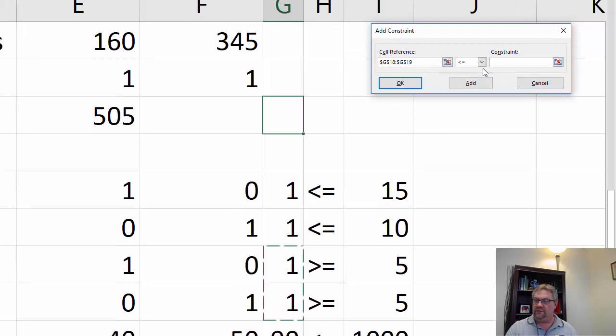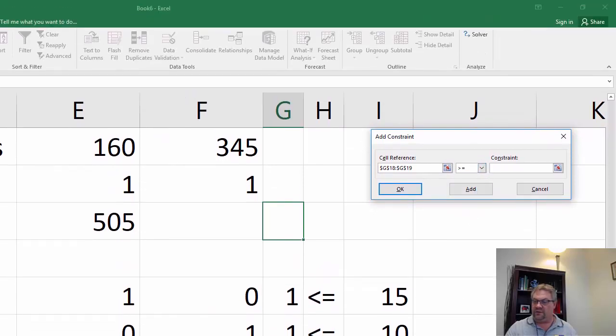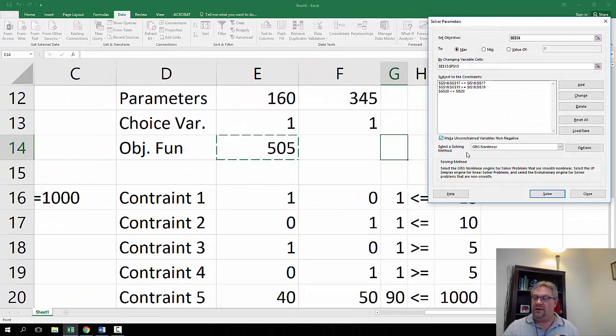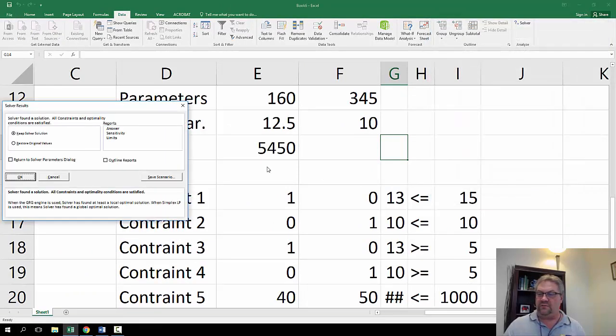These two numbers have to be greater than or equal to these two numbers. And then finally, this number less than or equal to that number. Hit OK, make sure that's checked, simplex LP, solve.